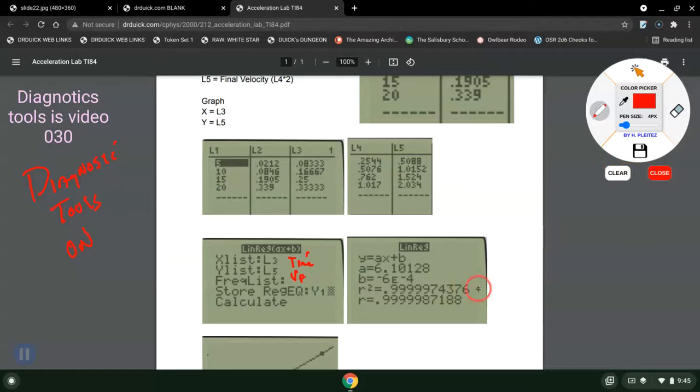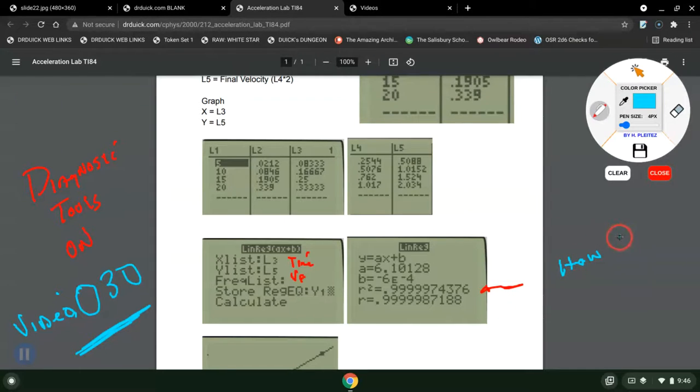If you don't, you're not going to get the R squared value. The R squared value tells us how well the data fits the line. The closer this is to 1, the better. Okay? This number right here is our slope, right? And actually, this is our acceleration.